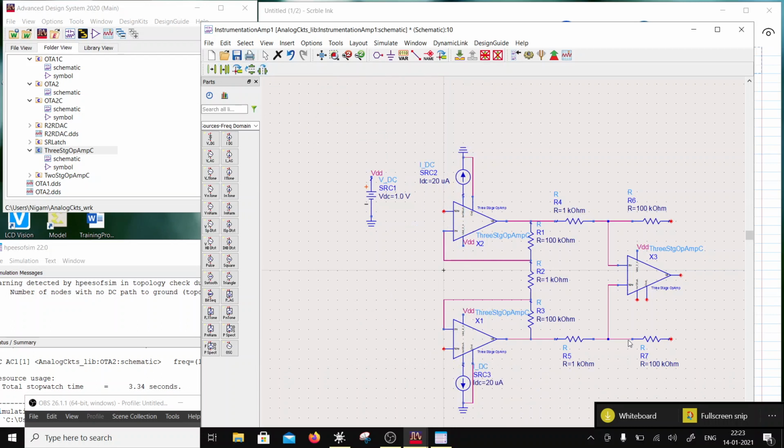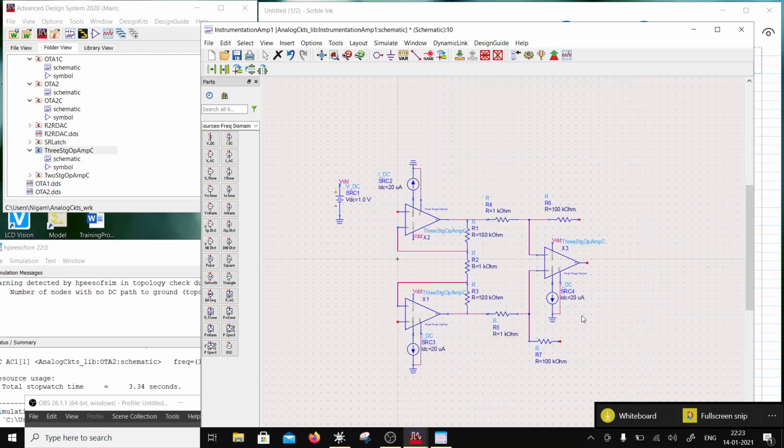So this is biased. Now this one also has to be biased, right? So I'm going to take this one and copy, and this is going to be over here. Fine. And this resistance I'll pull down, right? And here I'll put a VCM.